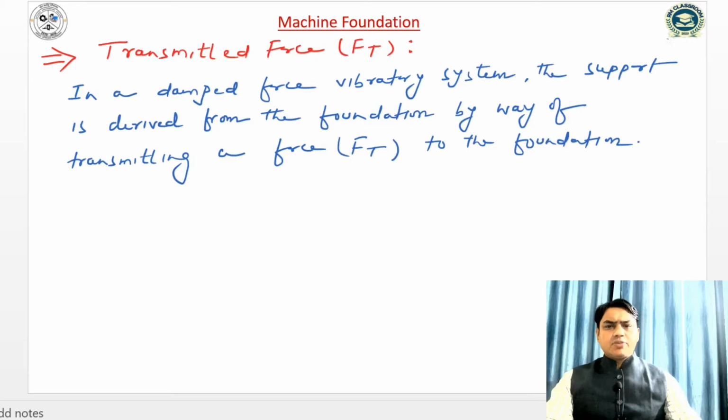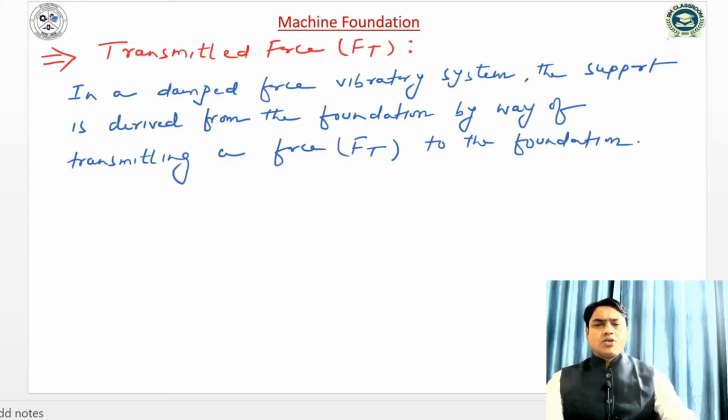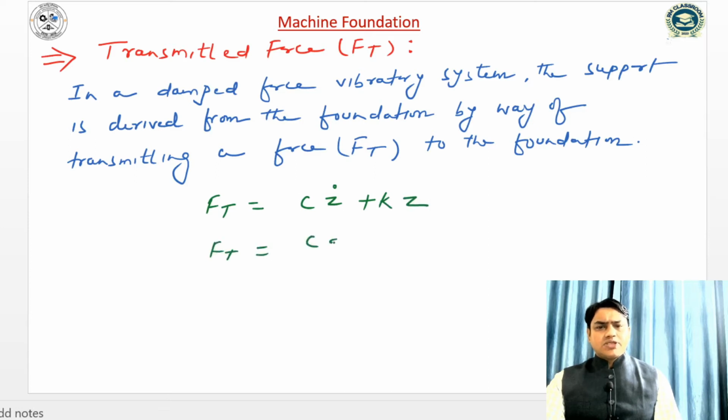So let us start with the transmitted force. In a damped forced vibration system, the support transmits a force to the foundation. So this transmitted force can be written as the sum of damping force, that is C into z dot, plus spring force, or we can write Ft is equal to C dz by dt plus kz.